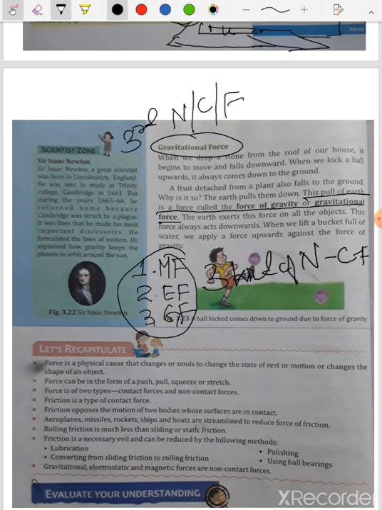All right. So gravitational force was discovered by Sir Isaac Newton. So Sir Isaac Newton is the scientist, who was the person who first gave us the concept of gravitation, or you can say gravitational force.